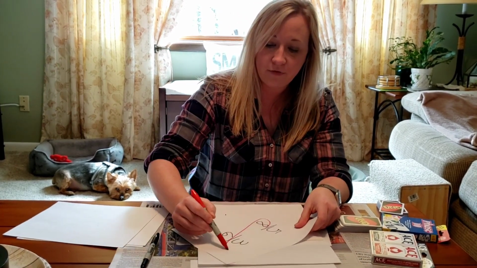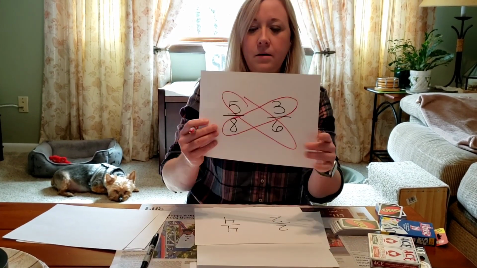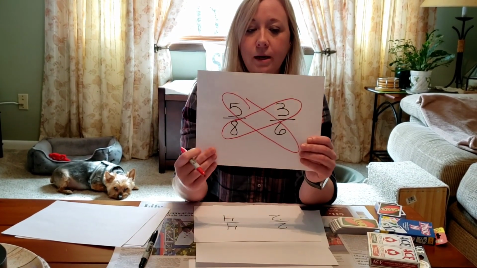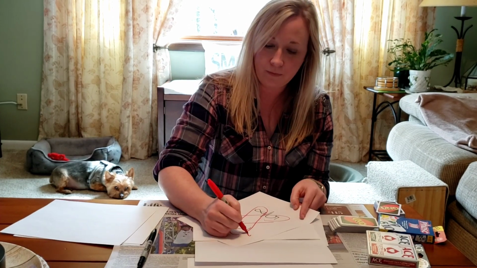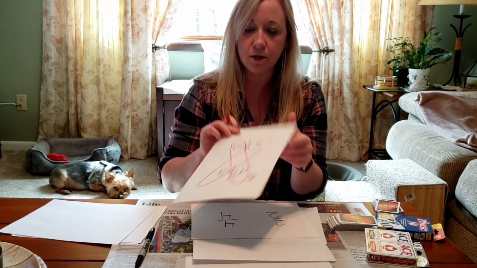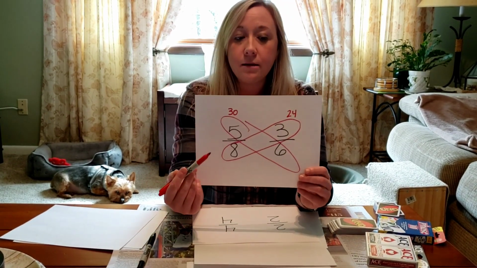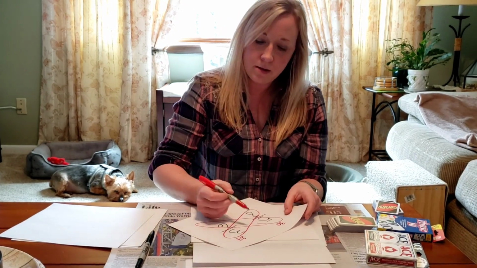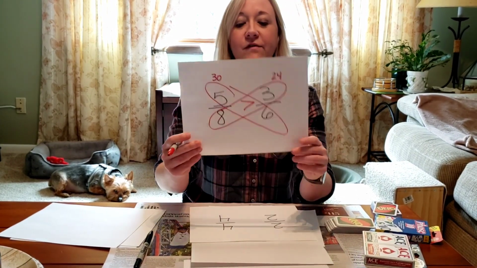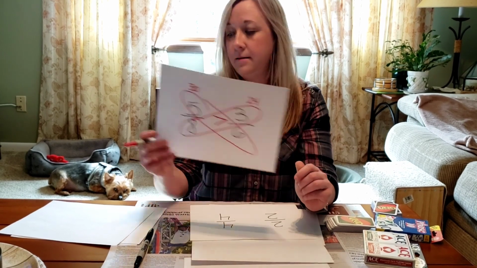So I do my butterfly effect. And I have 8 times 3 is 24. And then I have 6 times 5 is 30. The alligator's going to eat the 30. So that tells me 5/8 is greater than 3/6.